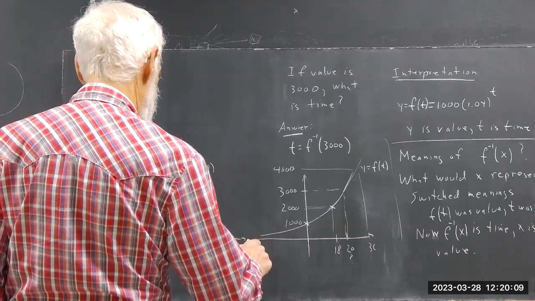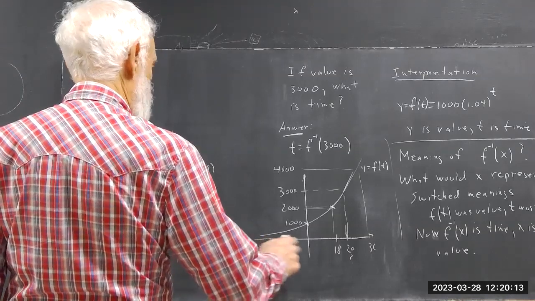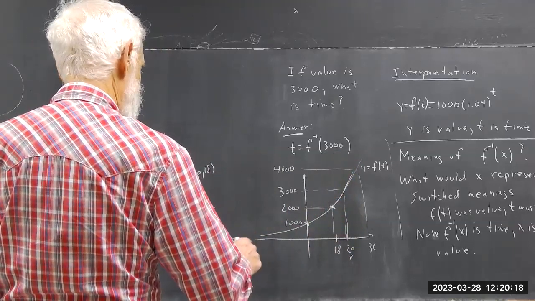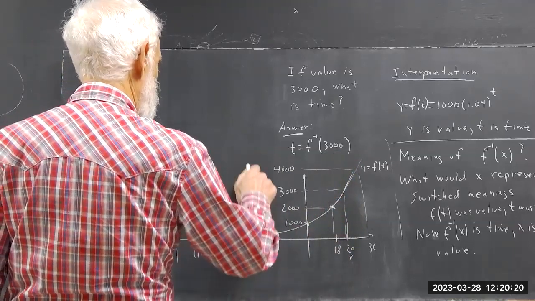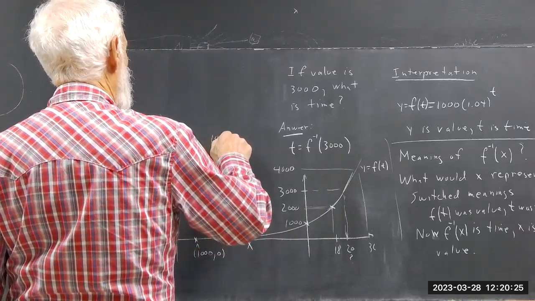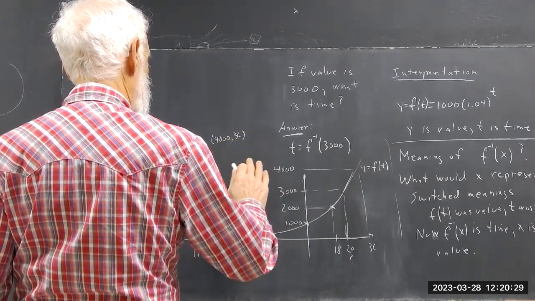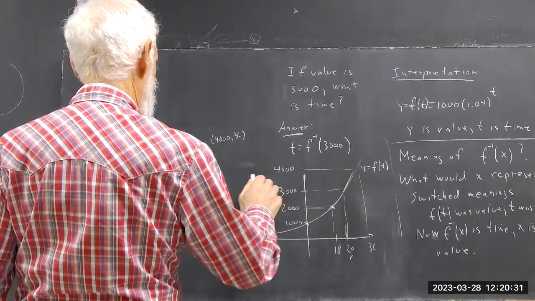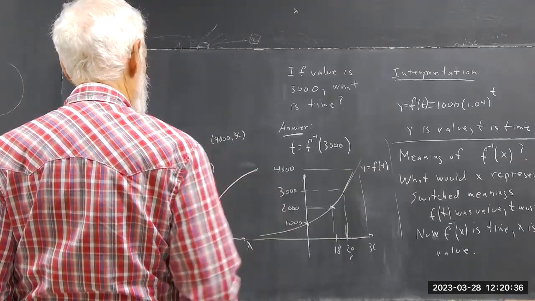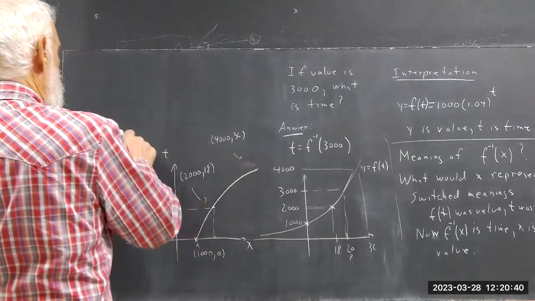The point 36, 4,000 becomes 4,000, 36, out here a little further. This is the graph of that inverse.